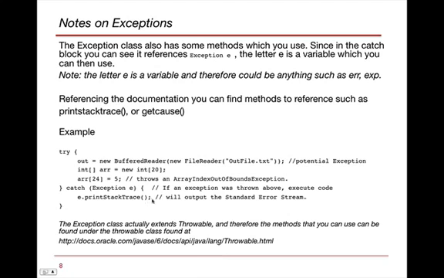Now this is more useful for some of the other exceptions like IOException and SQLException. Within those classes, you can find additional methods that will provide more detailed information about the error that was thrown. So if you like, you can take a look at the Throwable class for the basic exception errors, and if another exception is thrown, you can look up that class in the Java documentation and find out exactly what methods are available for you to use.